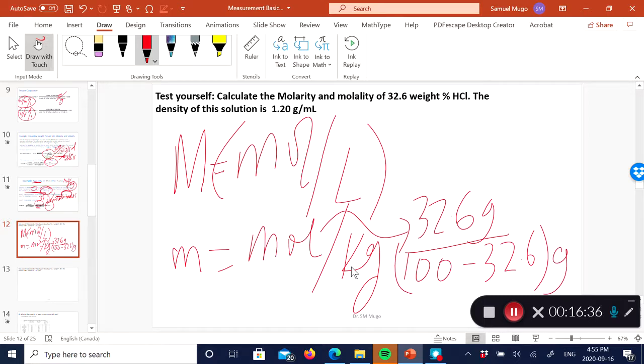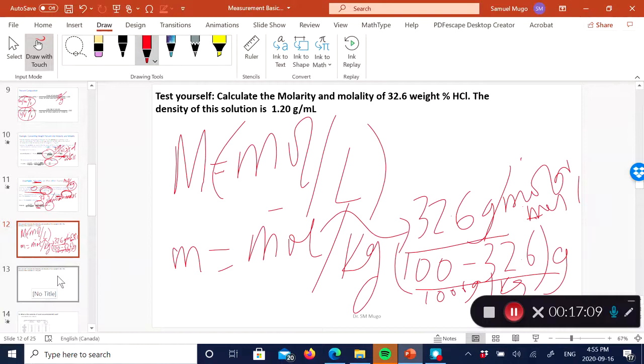Then you convert that into kilograms, and that way you're going to get the number of moles. So you're going to get the molality. Yeah, you're going to get the molarity. And of course, for this one you're going to need to divide by the molar mass. Nonetheless, do that problem at home. If you've got a challenge, let me know.